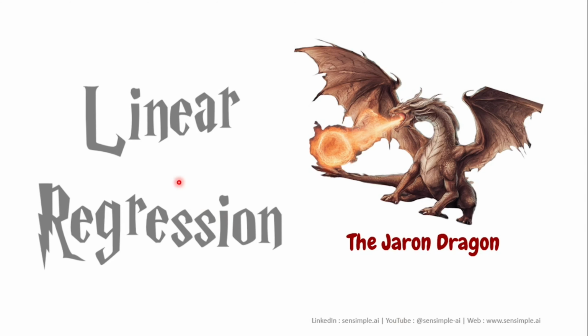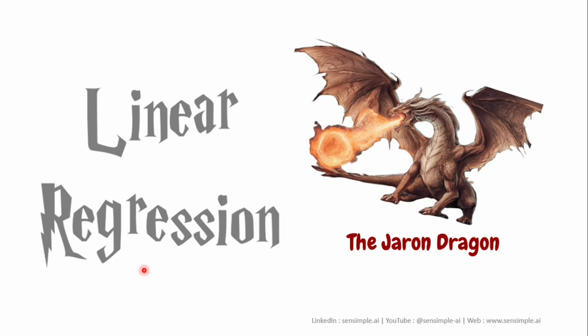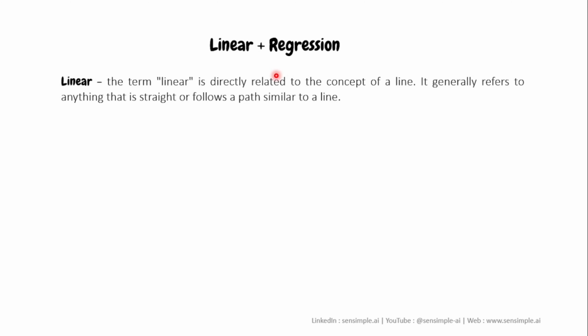So let's break down the jargon linear regression. As we can see, the jargon has two terms in it. One is linear and the second one is regression. So linear in very simple terms is related to the concept of a line.